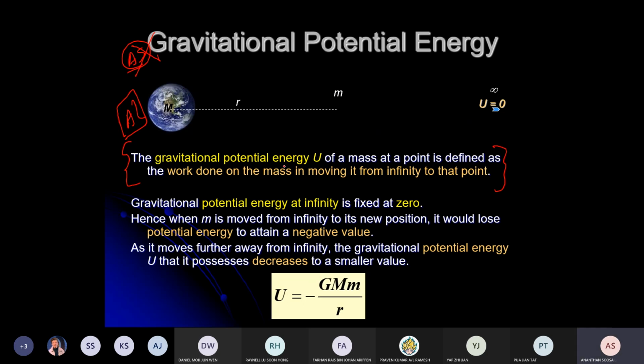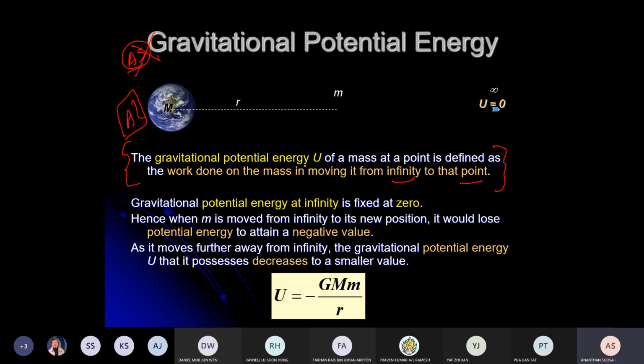The gravitational potential energy, the symbol is U. Last time we used EP, here the symbol is U. U of a mass at a point is defined as the work done on the mass in moving it from infinity to that point.